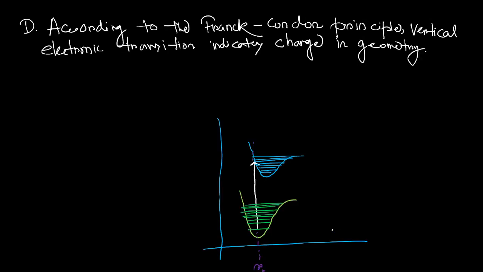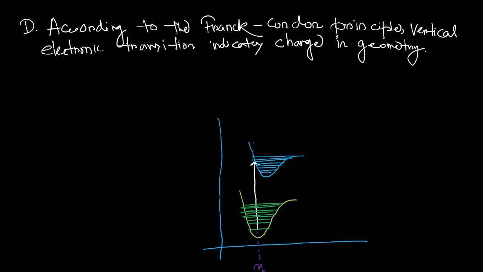Now, according to the Franck-Condon principle, vertical electronic transition indicates the change of the geometry. Look here.